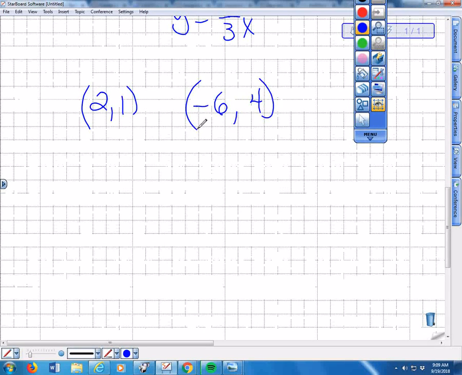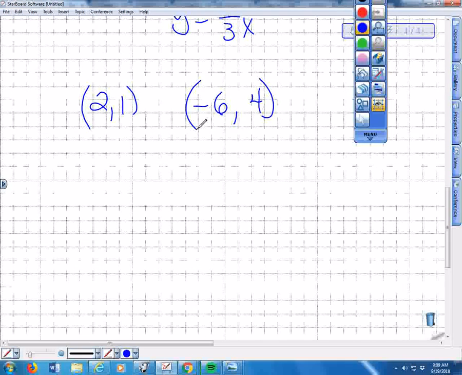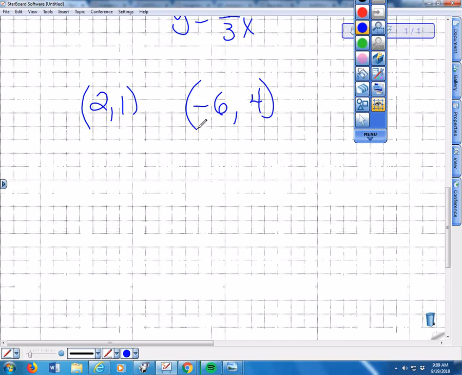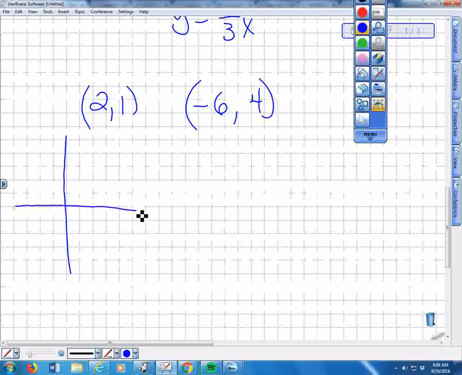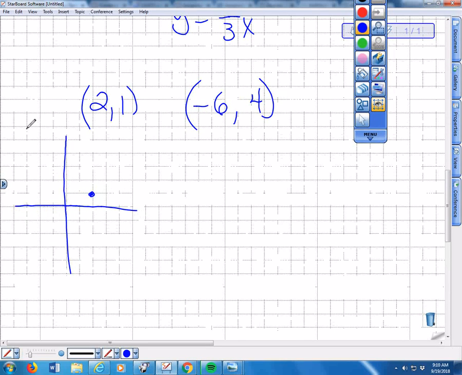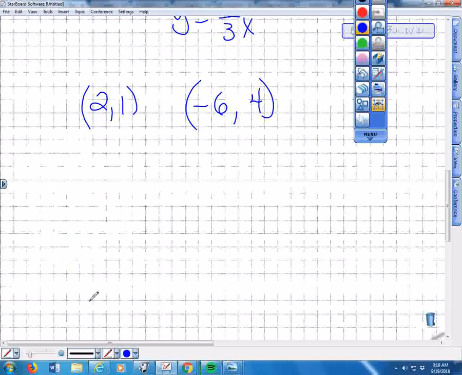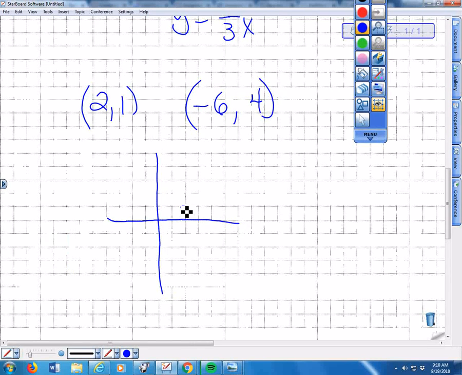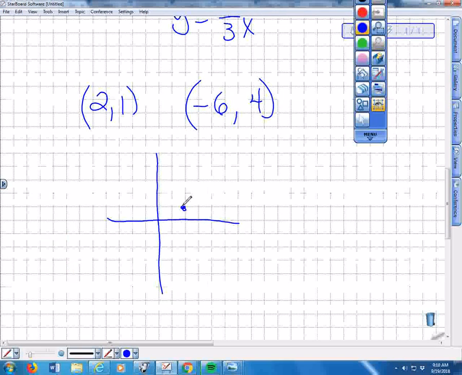At this point, I could jump right into the slope formula, or I can off to the side make a quick sketch. 2, 1, and negative 6, 4.